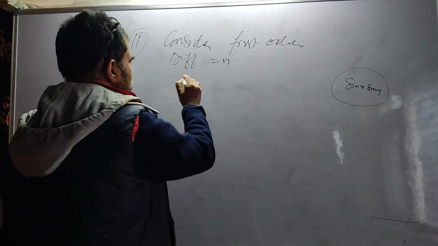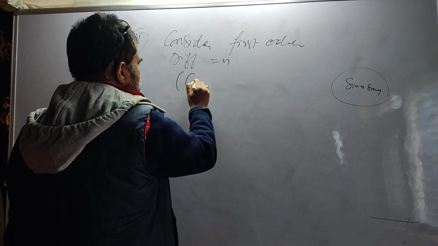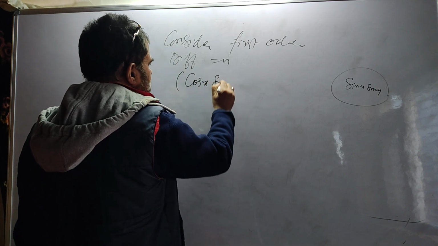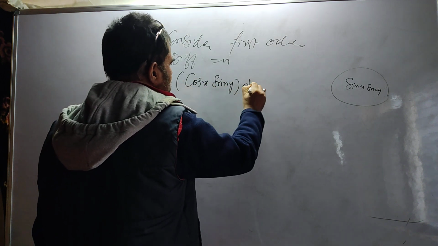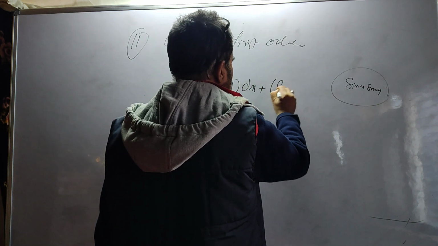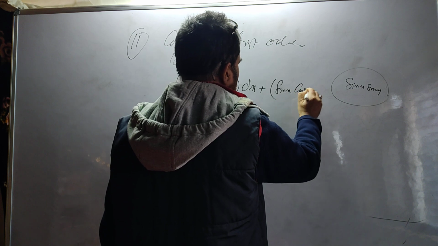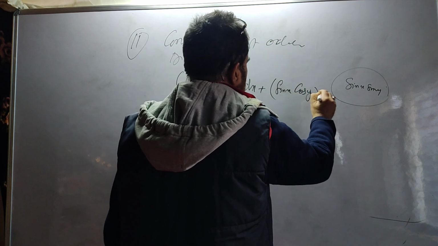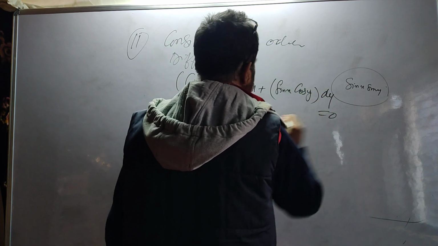I will write it as cos x sin y dx + sin x cos y dy = 0.